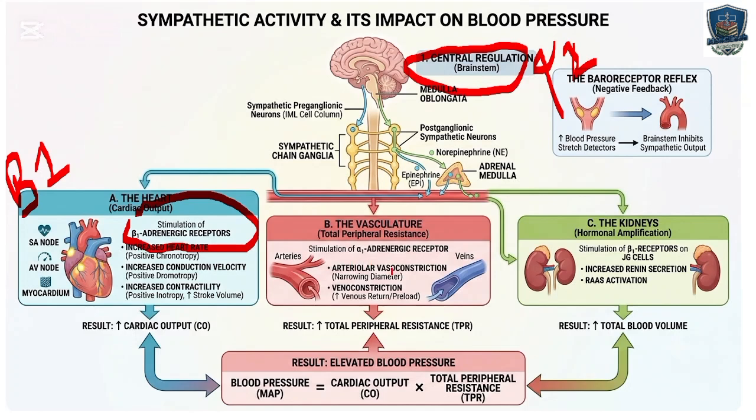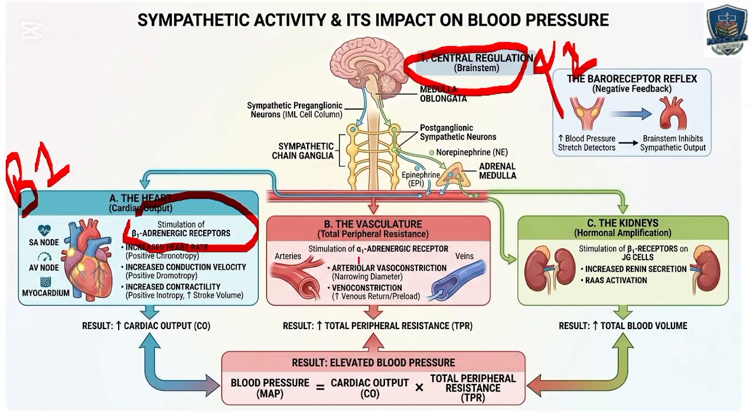Arterial vasoconstriction leads to an increase in the systemic vascular resistance, and this may lead to an increase in blood pressure. Venoconstriction will increase venous return, and venous return may increase the preload. Remember, the preload tends to increase the end diastolic volume, and when you increase the end diastolic volume, you are increasing the stroke volume. If you increase the stroke volume, you're increasing the cardiac output, and if you increase the cardiac output, you're increasing the blood pressure. So that's something that you have to remember.